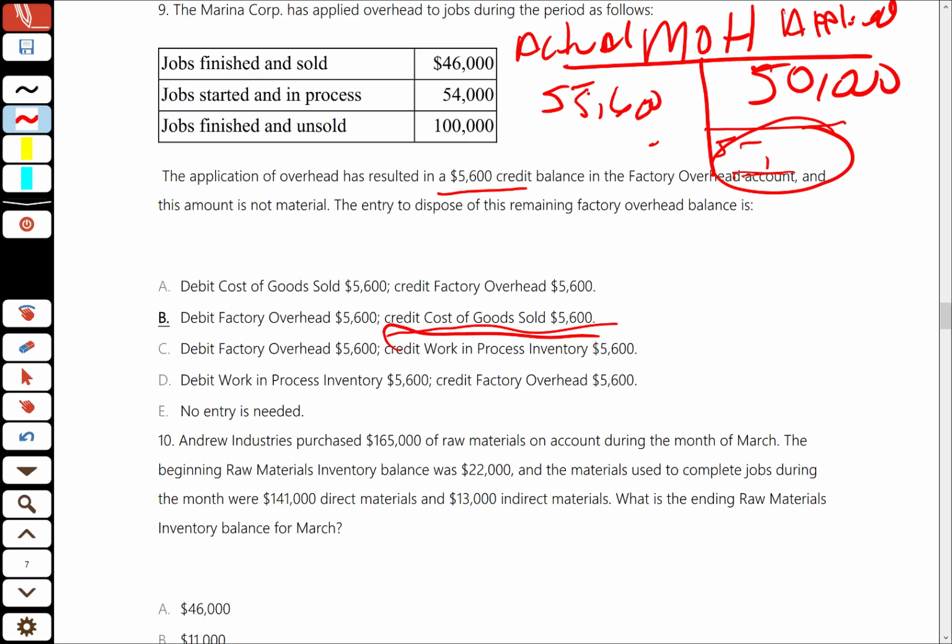We haven't applied enough. So to close this, we would credit the manufacturing overhead account 5,600 and debit cost of goods sold so that those extra costs get over there, right? In that case, that would have made A the right answer.